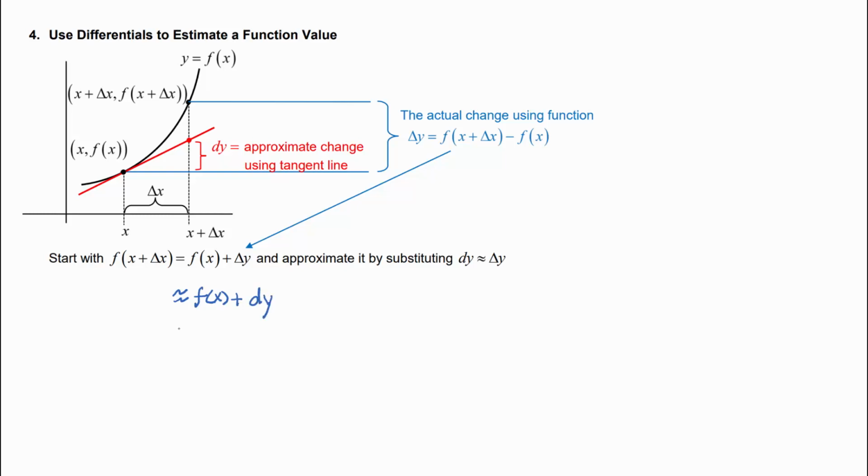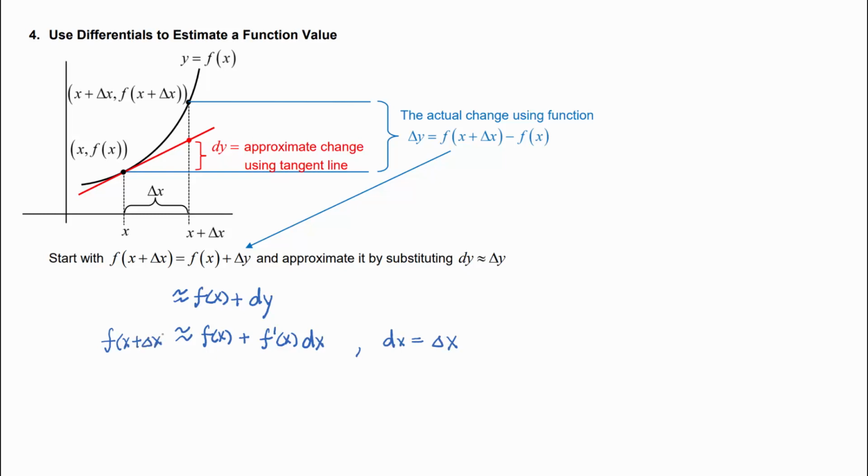But dy was always equal to f prime of x dx. So if you already know f of x, you can approximate f of x plus delta x by just adding f prime of x times the dx. And dx is always equal to delta x.